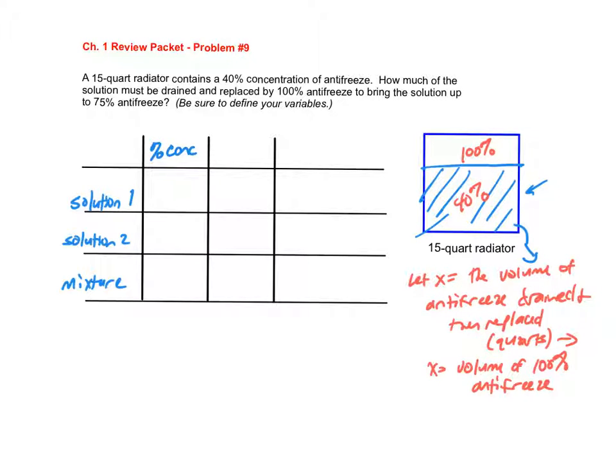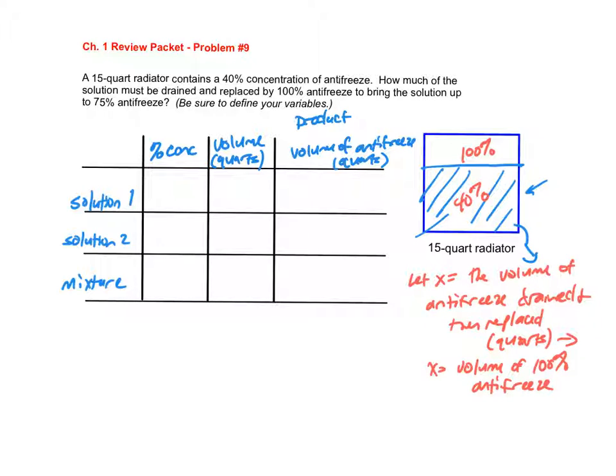The second thing is the volume, and in this case, that's in quarts. The third column is always the product, which will have different units depending on the application. Here, if we take the percent concentrate times the volume, we end up with the volume of 100% antifreeze, which is also in quarts. But for our purposes, the product is sufficient.